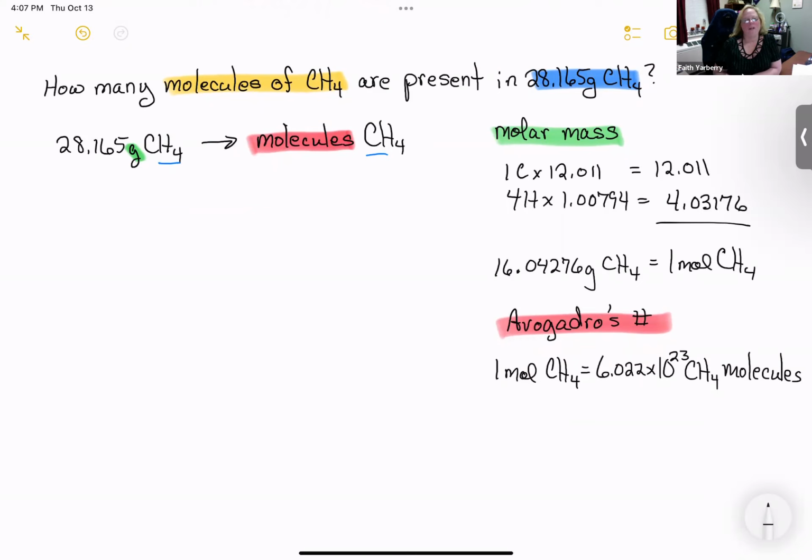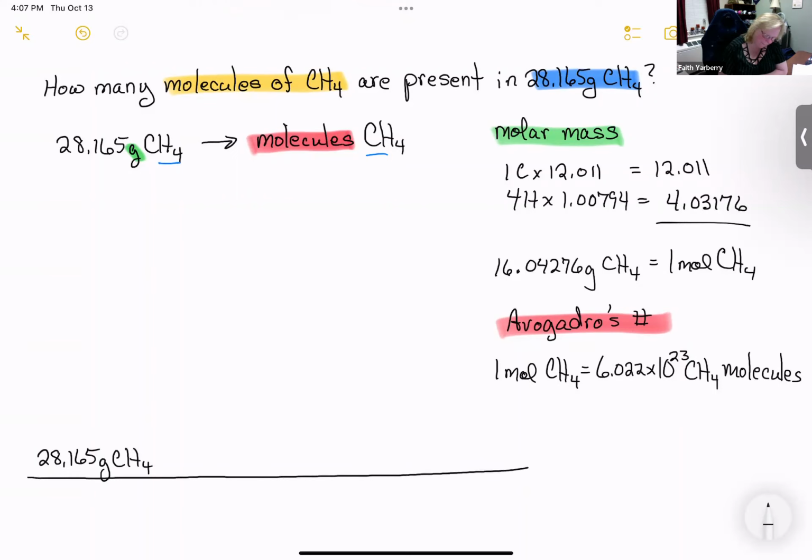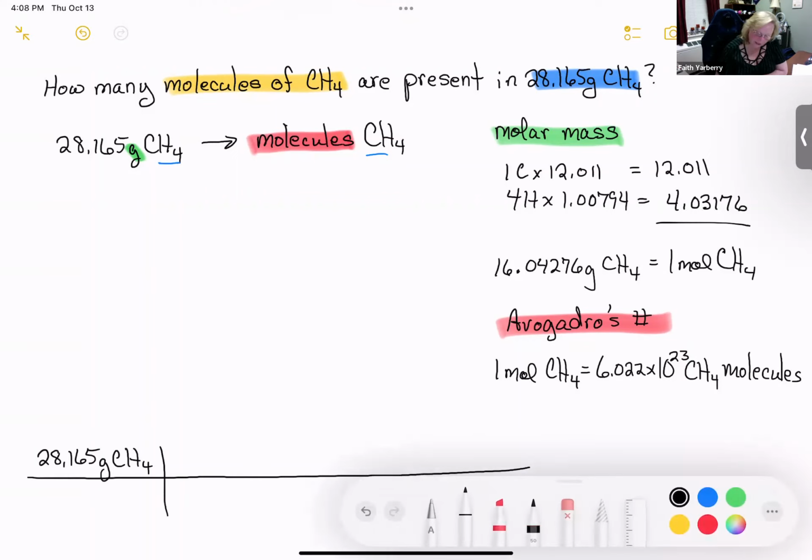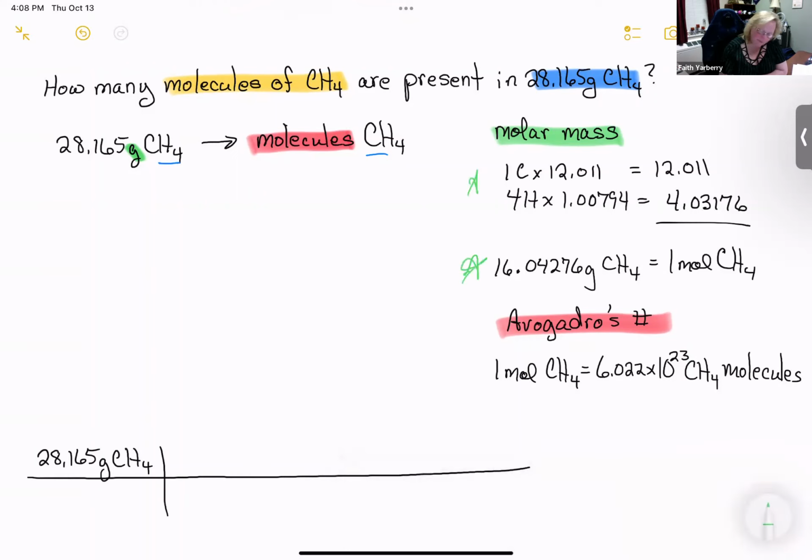Now that I've torn this thing apart, I'm ready to start my math. I'm going to start with the piece of information I was given, which was the 28.165 grams of methane. My first conversion factor needs grams of methane, so I will be using the molar mass because it has grams of methane in it.